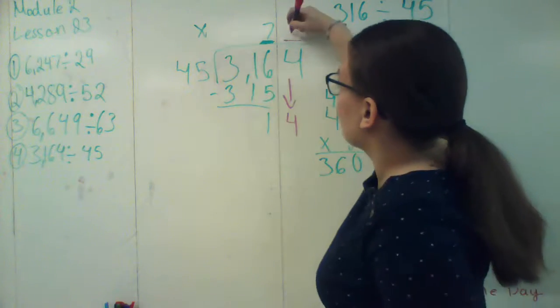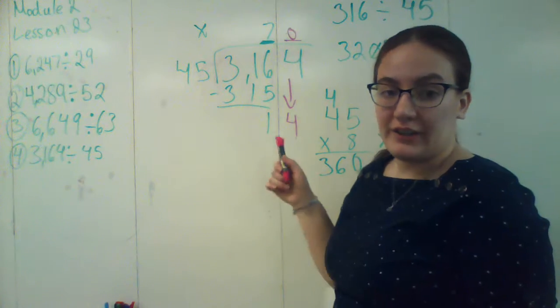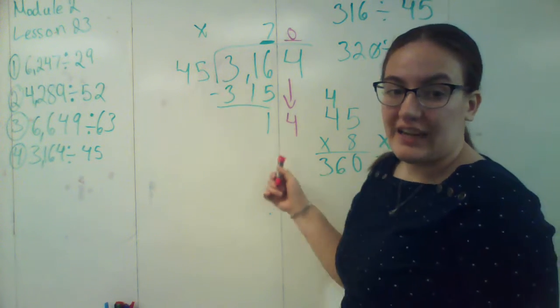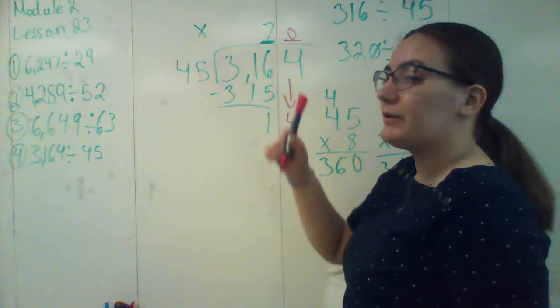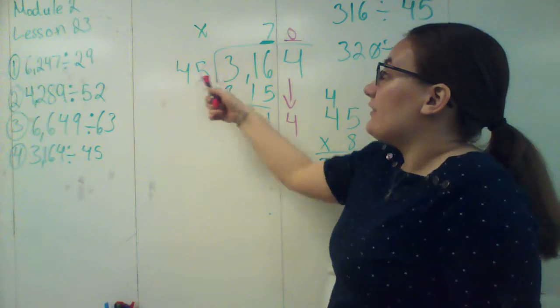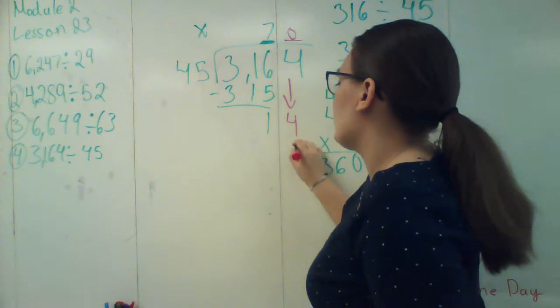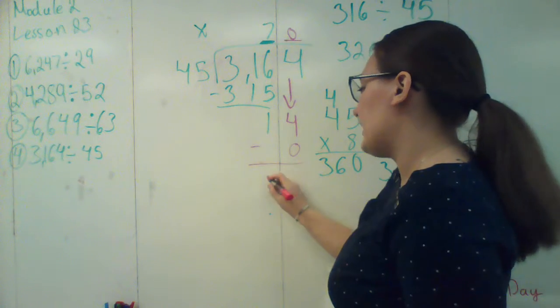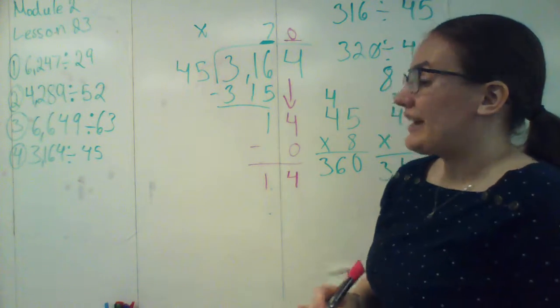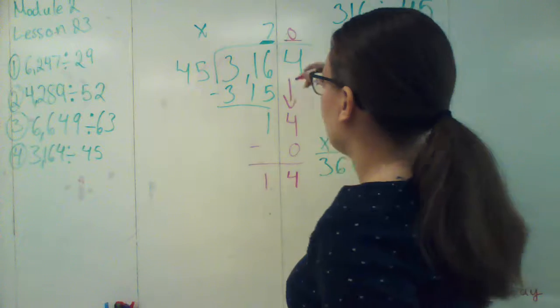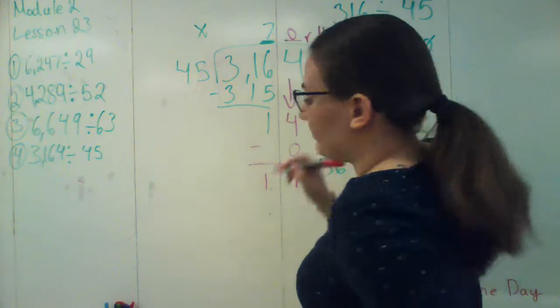So 45 times 0 would fit into 14 because 45 cannot fit into 14, but I still need to put that 0 there. So then 45 times 0 is just 0, and then 14 minus 0 is 14. So my answer is going to be 70, remainder 14.